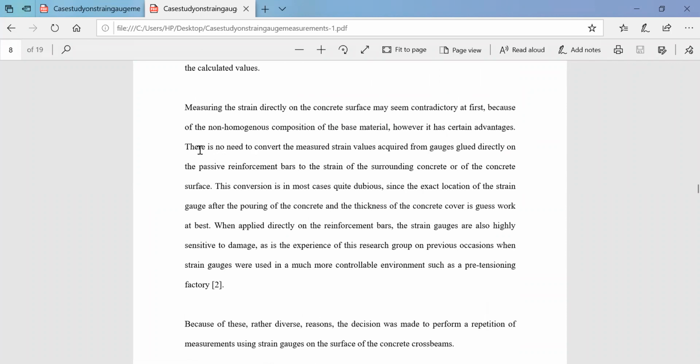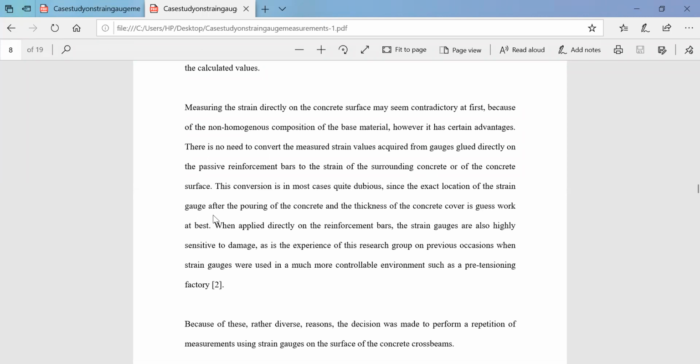But later it was said there is no need to convert the measured strain values acquired from the gauges directly to the passive reinforcement bars. They are saying it is not necessary to convert the measured strain values to the strains of the passive reinforcement bars surrounded by the concrete. Why? This conversion is in most cases quite dubious, because the exact location of the strain gauge after pouring of the concrete and the thickness of the concrete cover is guesswork at best.